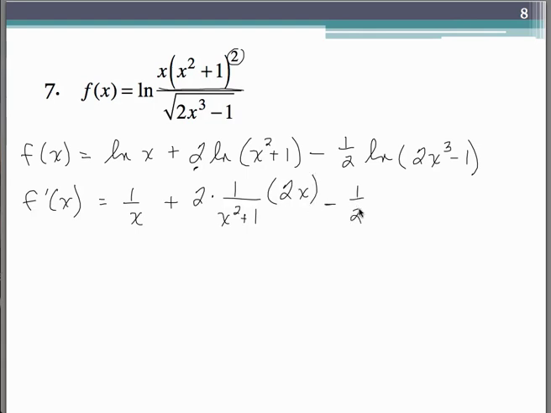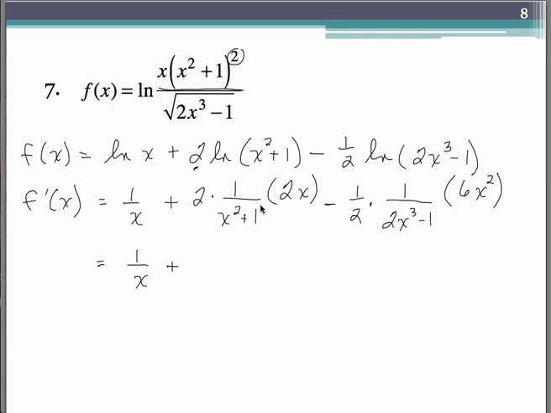Minus, now we keep the half, times, we'll do 1 over the 2x cubed minus 1. And then multiply by the derivative of that argument, the 2x cubed minus 1, so that'll be 6x squared. So we could simplify a little bit just to tidy it up. Typically, you will not have to worry about combining these three fractions by finding common denominators.